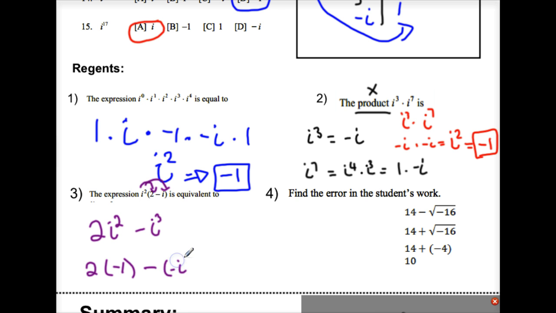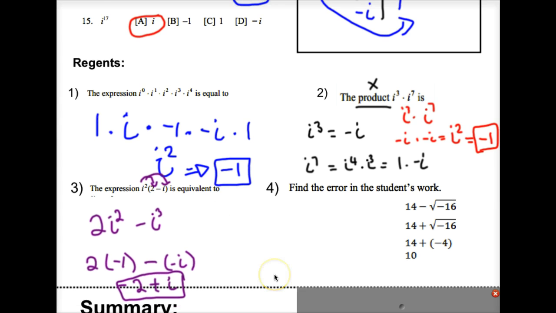Negative i. Perfect. Now let's continue this. 2 times negative 1 is negative 2 plus i. All I did was simplify. 2 times negative 1 is negative 2. A negative and a negative gives me a positive, plus i.